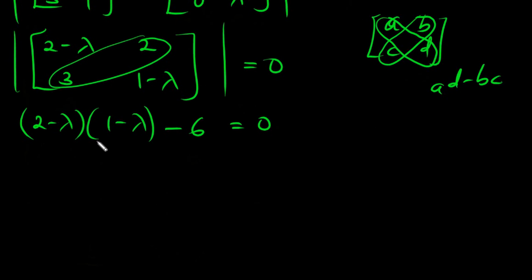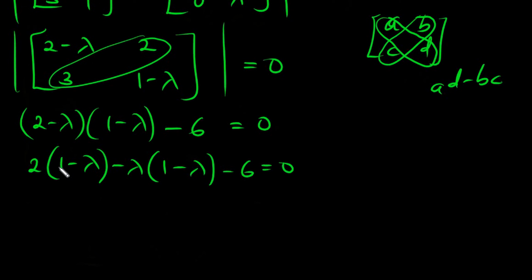Let's expand this. We're going to have 2 multiplied by 1 minus lambda, and then minus lambda multiplied by 1 minus lambda, and then minus 6, this should give us 0. So when we open the brackets, we're going to have 2 minus 2 lambda, and then minus lambda plus lambda squared minus 6 should give us 0.